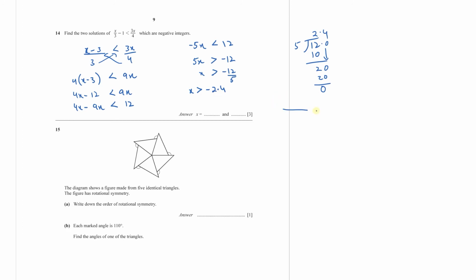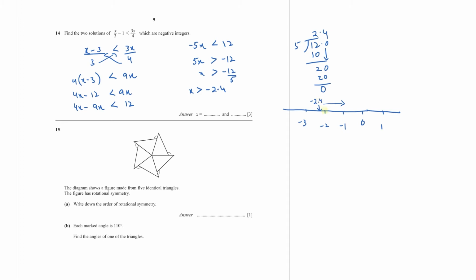So if you have this number line here, you have minus 3, you have minus 2, you have minus 1, you have 0, and then you have positive values 1. So where is minus 2.4? Minus 2.4 would be somewhere here. So all the values towards the right are greater than minus 2.4.